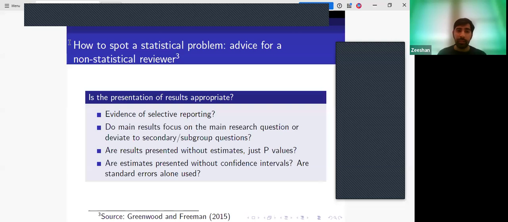Then, is the presentation of results appropriate? So here again, if you are going to select the findings in your report, what are the variables that you want to report and what should be reported? I have seen both extremes when I mark papers, dissertations, or assessments.